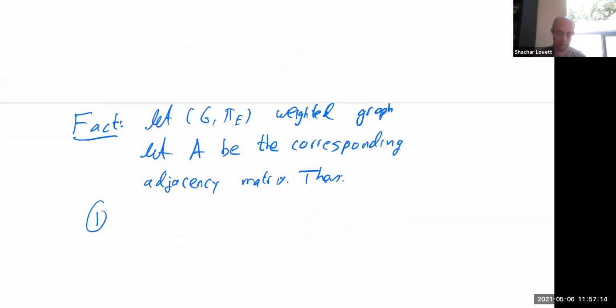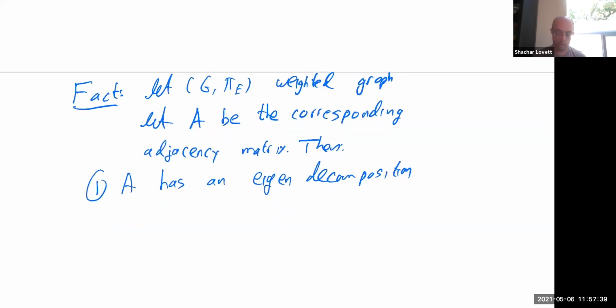Then, first of all, A has an eigendecomposition, which basically means it has eigenvalues and eigenvectors in exactly the same way that symmetric matrices do. This is a generalization of that. Its eigenvalues are real, and they still satisfy that the first one is 1.